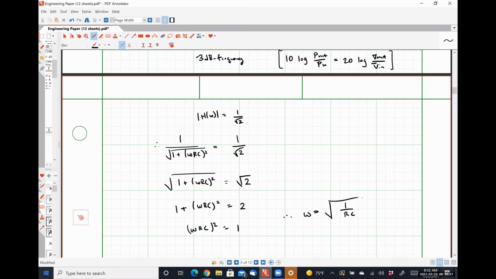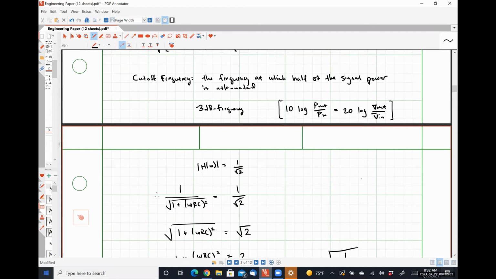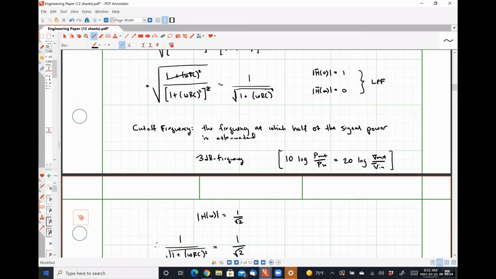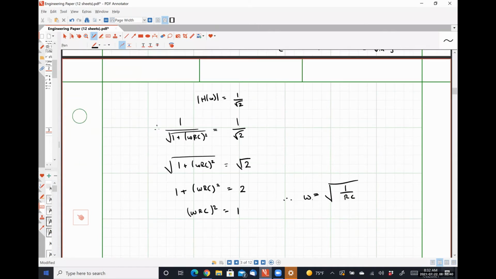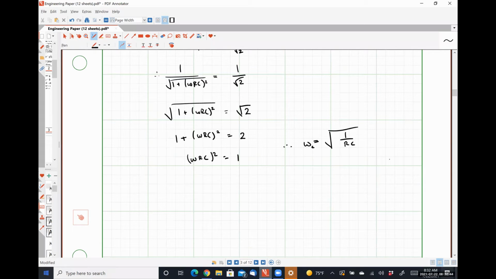So it's related to, effectively, it looks like almost a time constant, right, for a circuit like this. Yeah. All right. So there's our cutoff frequency. Nothing wild or crazy there.